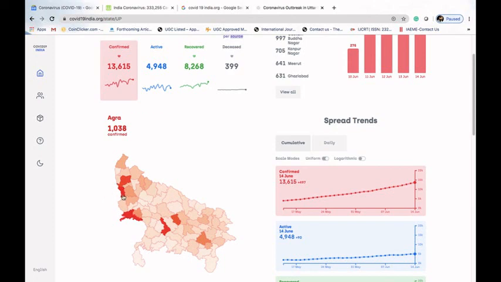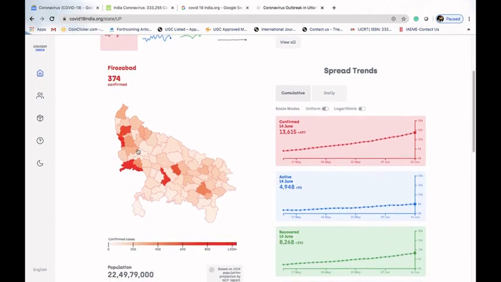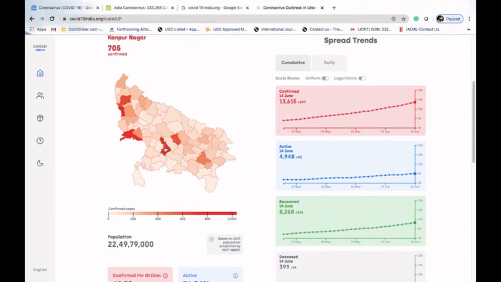Agra is one of them. Kanpur is one of them, Agra is one of them, and Gautam Budh Nagar, Noida is one of them. So these are three districts which become an epicenter, followed by Ghaziabad, Lucknow, and Jaunpur.